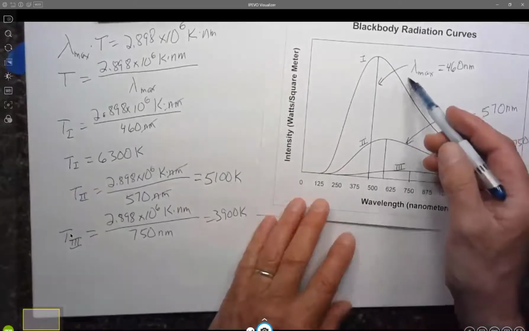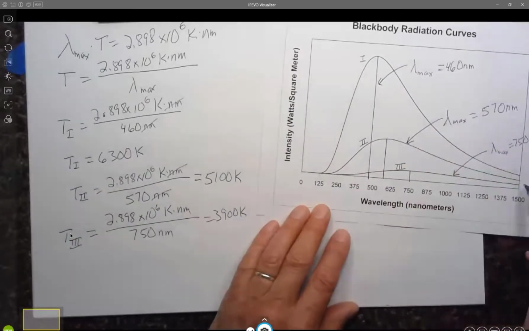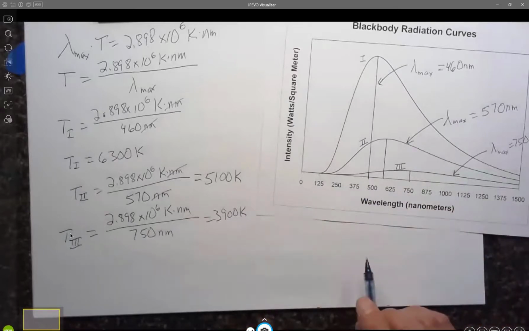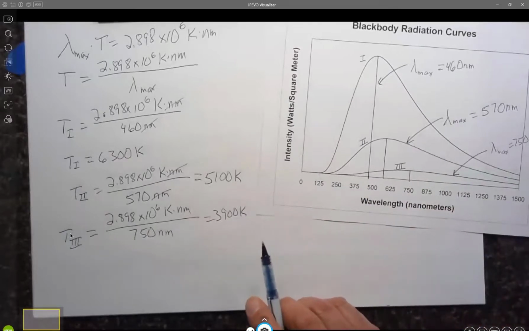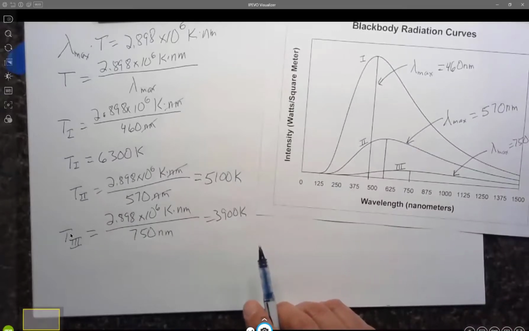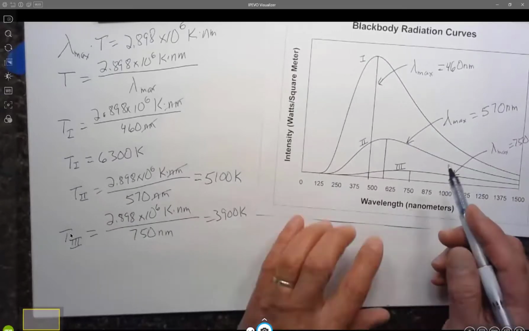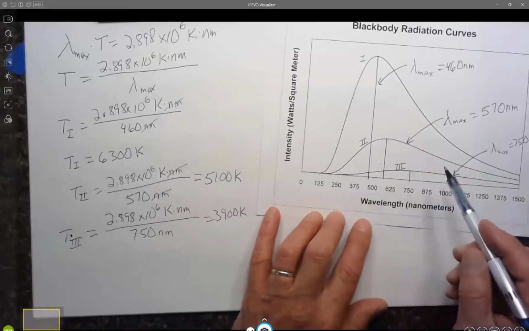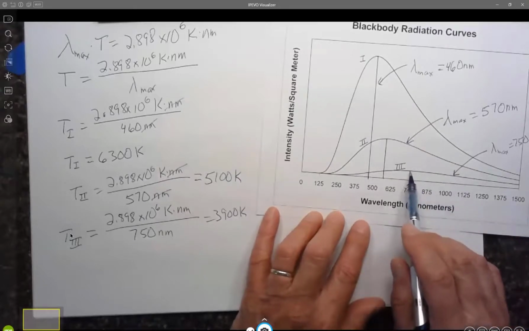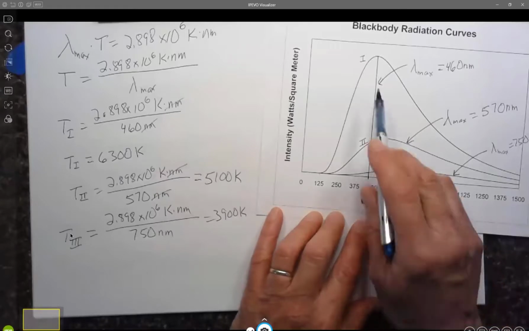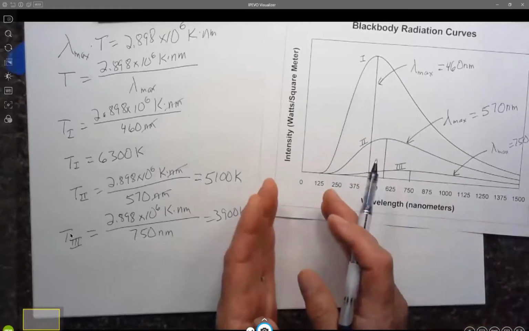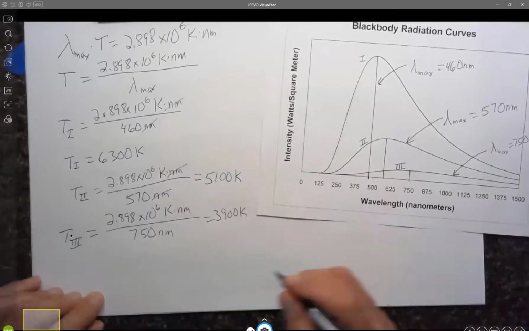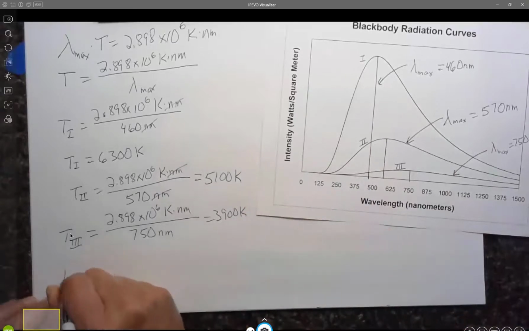Also, the higher the temperature, the bigger the area under the curve. So that was fairly obvious right from the start. In fact, that's how we kind of made the guess. But all I would have had to do to rank these in order of increasing temperature would be to look at the wavelength of maximum intensity, and the shorter wavelength of maximum intensity, the higher the temperature, or vice versa. So let's write down that.